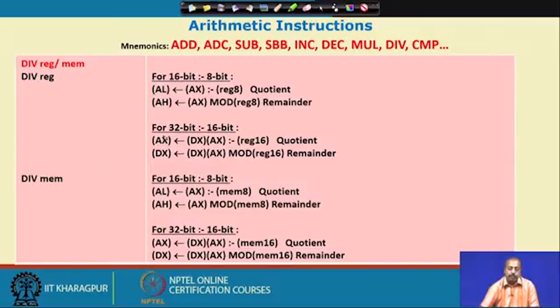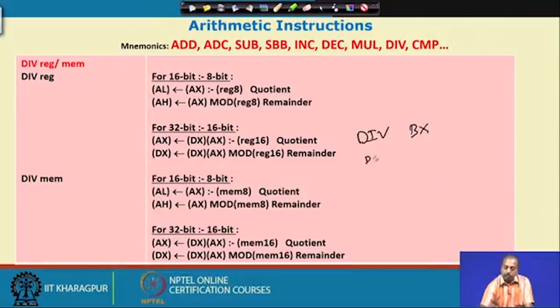For 32 bit division, the dividend is contained in the DX and AX pair. DX will hold the higher order 16 bits, AX will have the lower order 16 bits, and that is divided by this register 16. Like you can write something like DIV BX, with a 16 bit division.